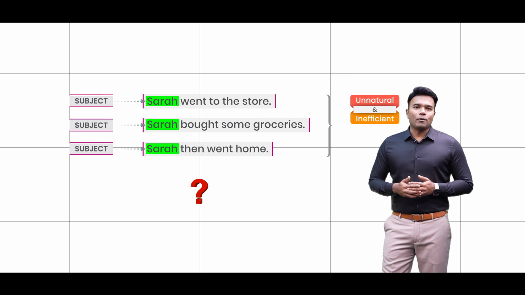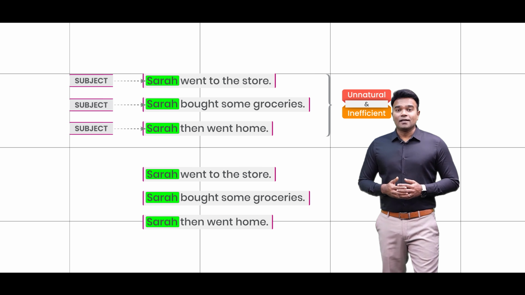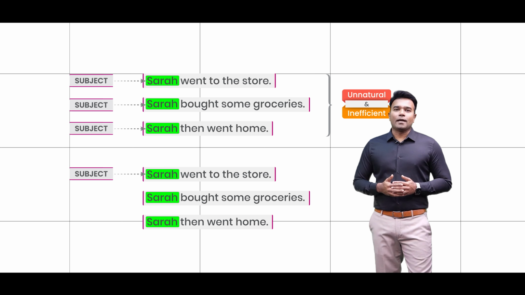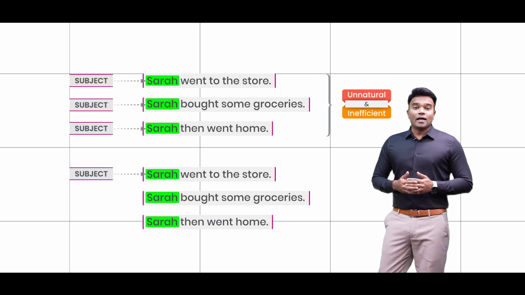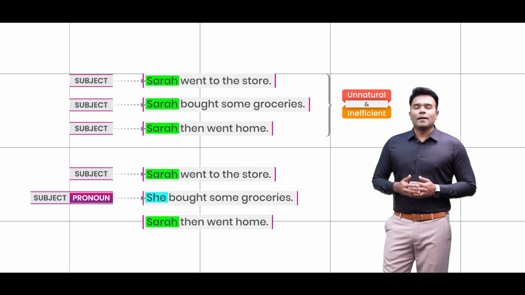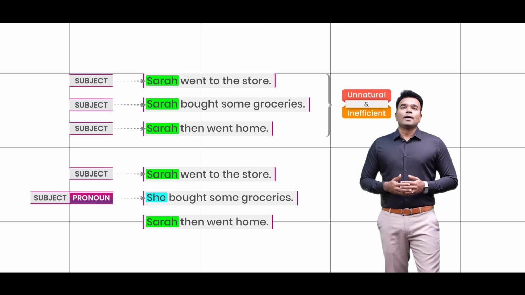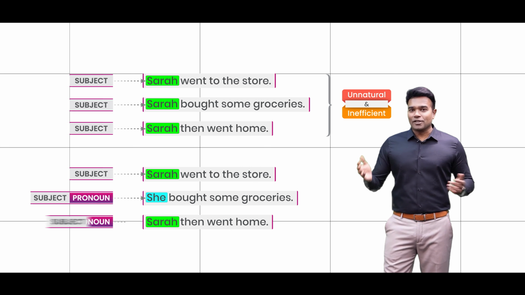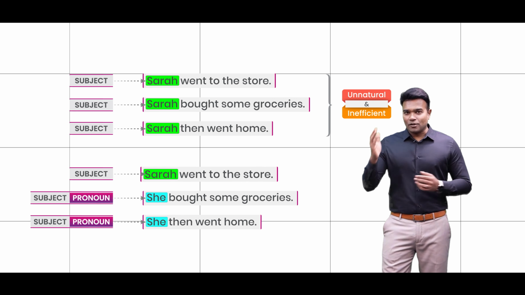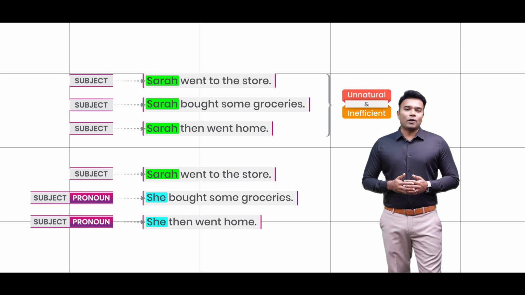Well, all that I will have to do is to take the same three sentences, and obviously in the first sentence I shall retain Sarah to be the subject, but then in the second sentence I shall replace Sarah with a subject pronoun, she. Yes, and then in the third sentence as well I shall replace Sarah with the subject pronoun she.